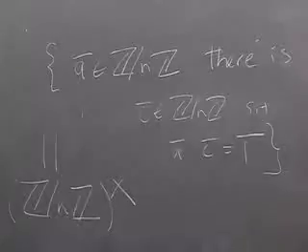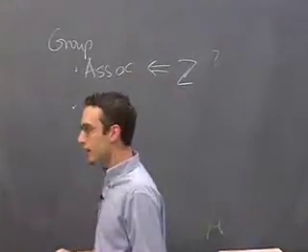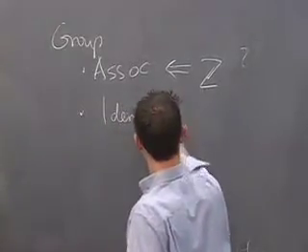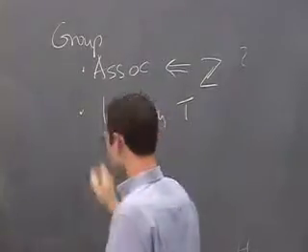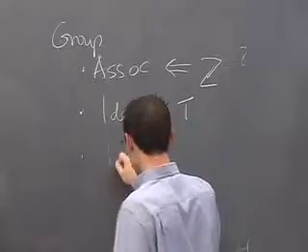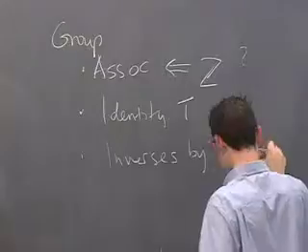Okay, just to make sure that this is entirely clear, the associativity again is inherited from the integers. The identity, I've already said what it is. It's 1 bar. 1 bar has a natural inverse, namely itself. So it's certainly in there. And the inverses are by definition, inverses by construction.